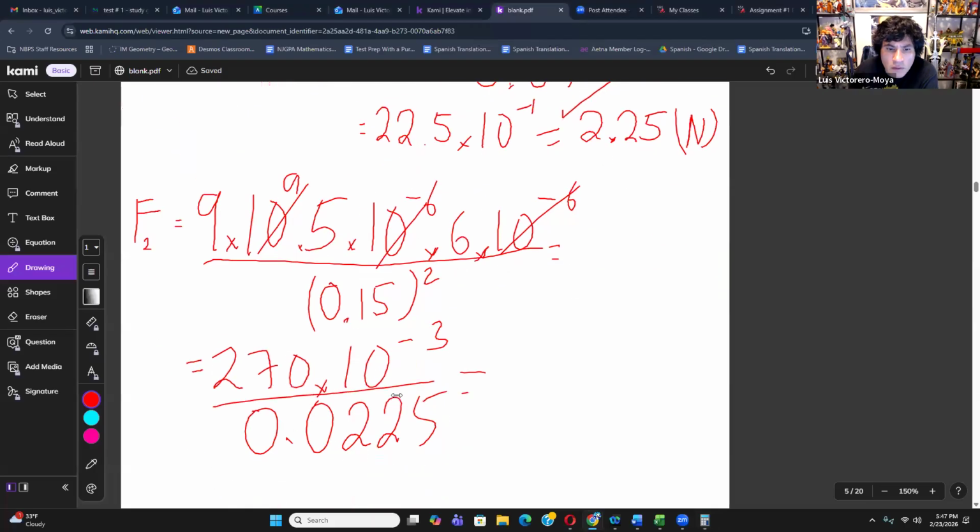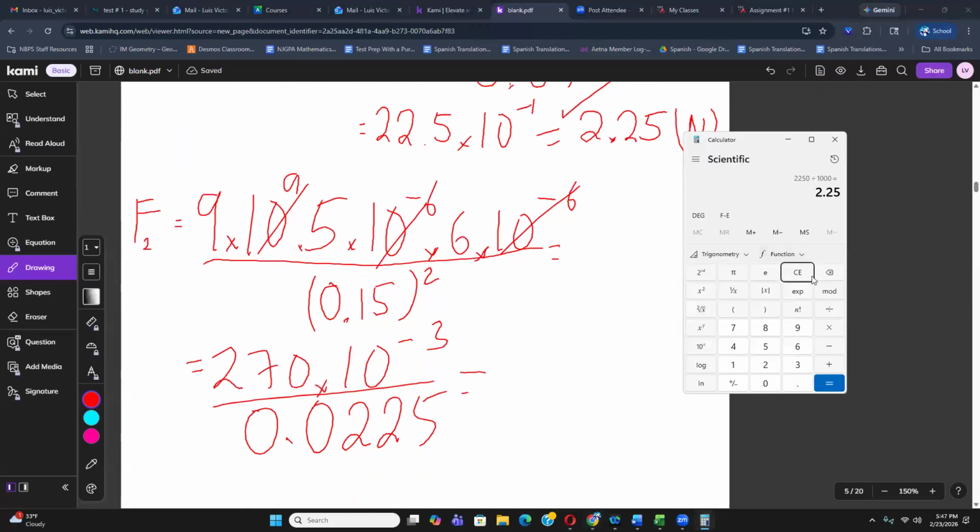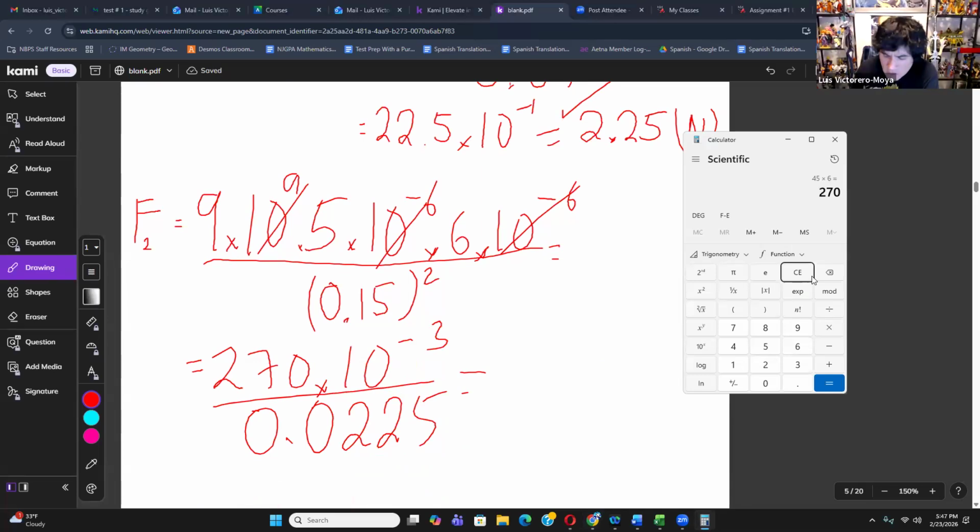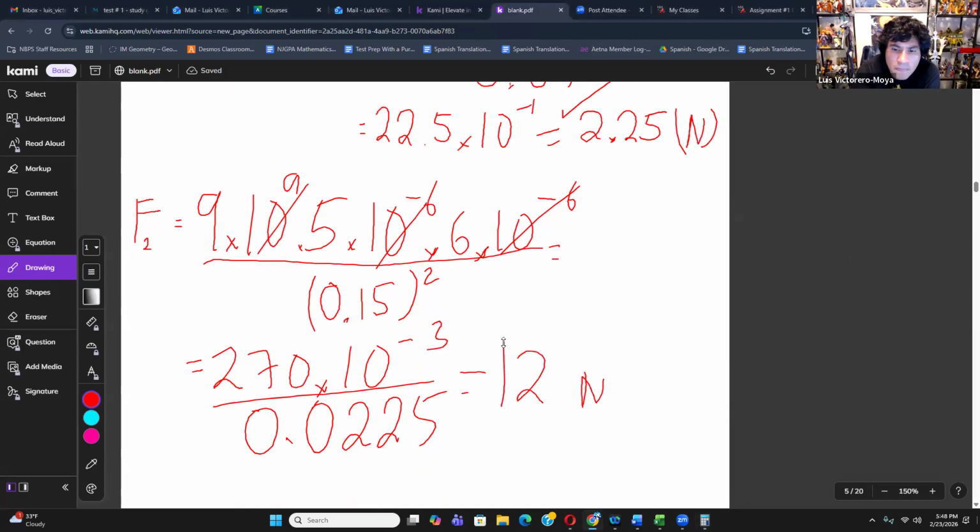This is correct. It doesn't make sense that it's smaller than that. I was forgetting another zero. There it is, 12 newtons. So it's 12 newtons.